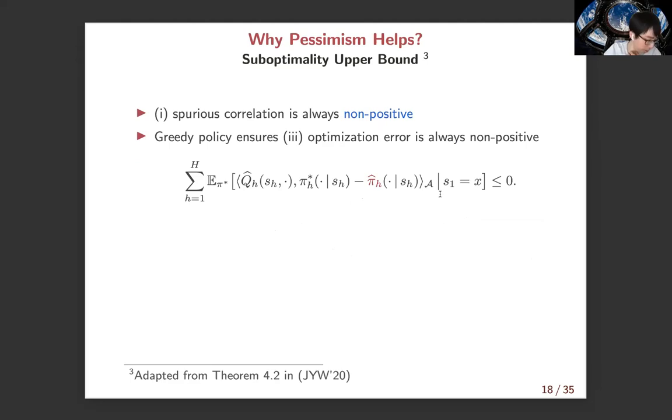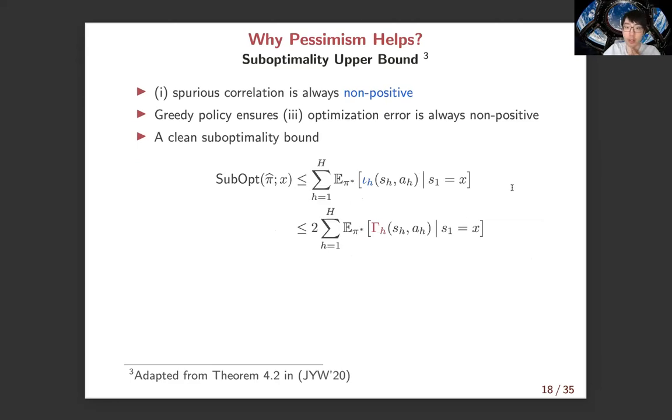Also, like I mentioned, the third term, if we are using a greedy policy, which means we're doing the optimization sufficiently well, is also going to be non-positive. Then we have a very clean suboptimality bound, where we are only dealing with the second term, the intrinsic uncertainty. That is the thing that we're not able to eliminate anyway.